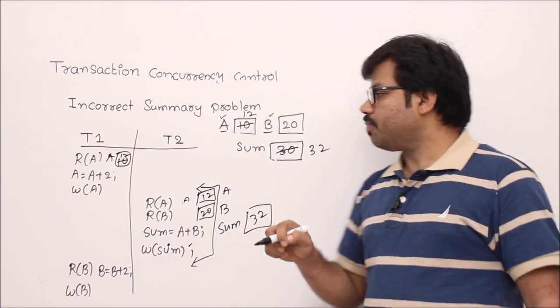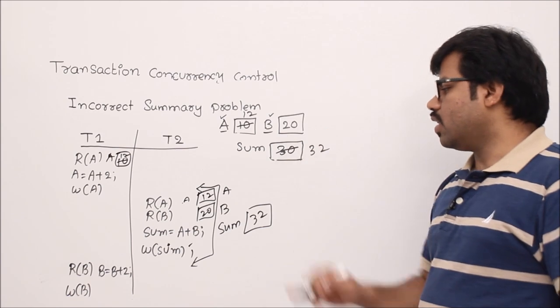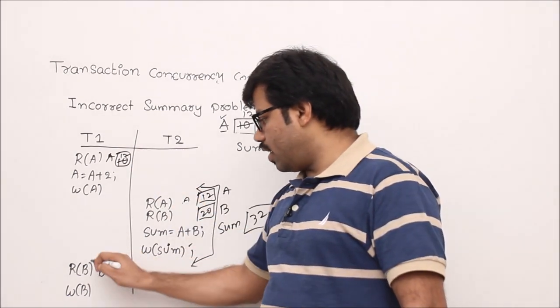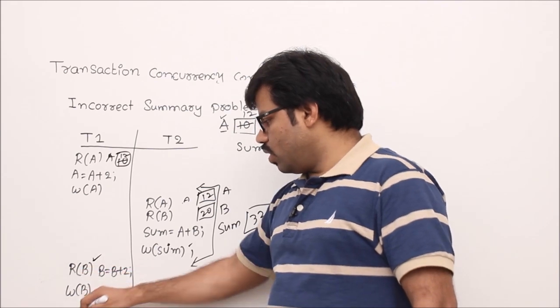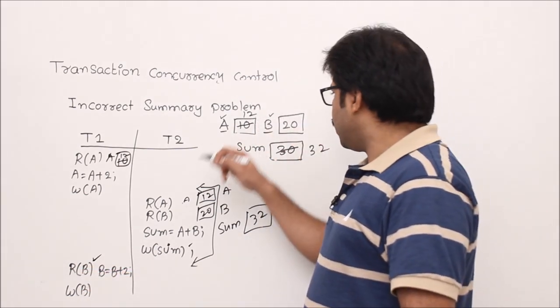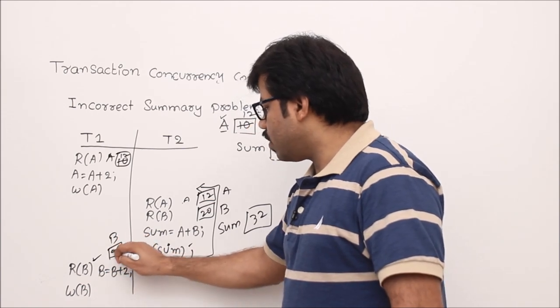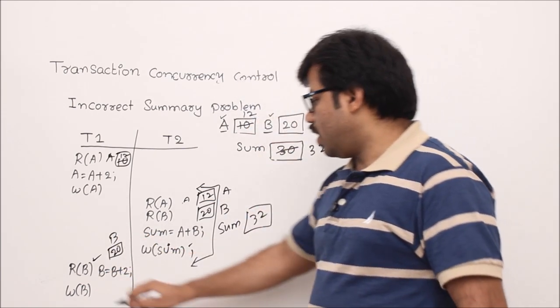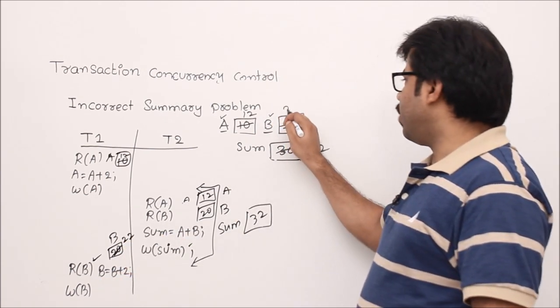So finally if you see, after this set of instructions, sum value is 32, but total execution is not done, right? Still there are some instructions. Read of B, B equals B plus 2, write of B. Let's execute. If I execute read of B, then it is 20, so B is going to get 20, right? After that B equals B plus 2, then B will become 22, then it will be updated.